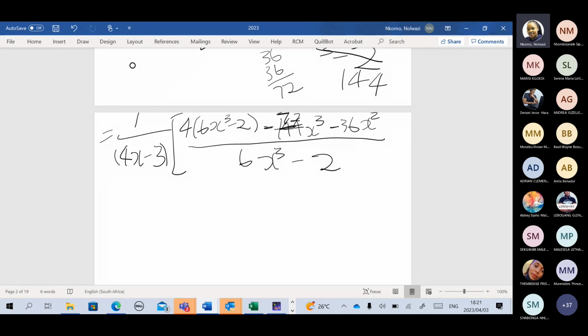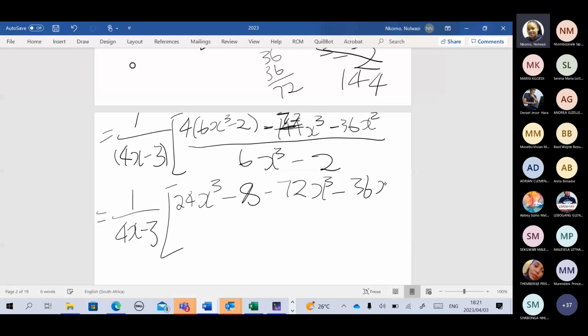I guess we won't have a common factor. Then the best way is to multiply again here. So we have 4 times 6, that's 24. 24x cubed minus 8 minus 72x cubed minus 36x squared over 6x cubed minus 2.